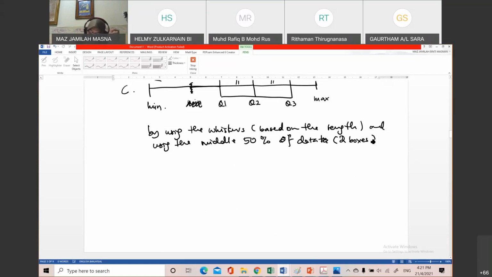Okay, we can determine the distribution and what dispersion of a data.